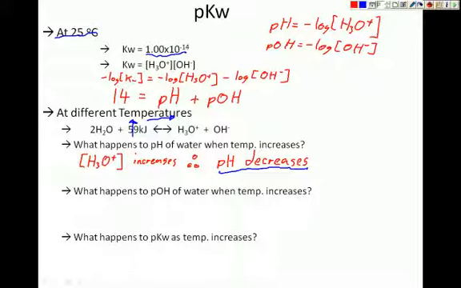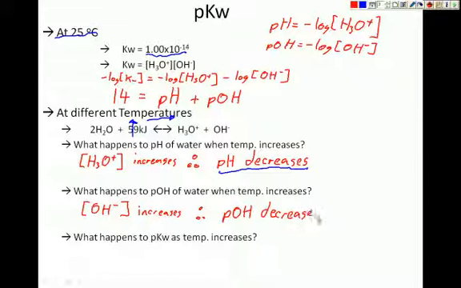What happens to the pOH of water when temperature increases? Again, the concentration of OH minus increases. Therefore pOH also decreases, because if this number is bigger, then this number is going to be smaller.